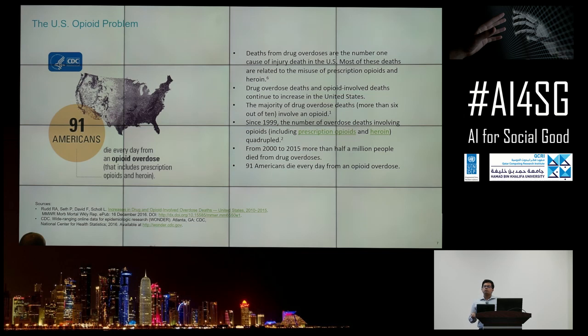Because the whole point of this exercise was that we just don't want to churn out a paper. We want to come up with insights which can actually educate prescribers on what they should be doing. So right now in the United States, what is happening is prescribers, whenever somebody comes with chronic pain, they will just overprescribe.